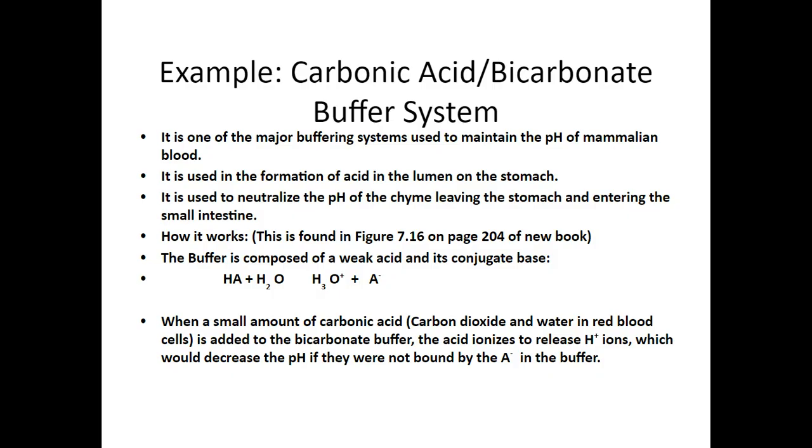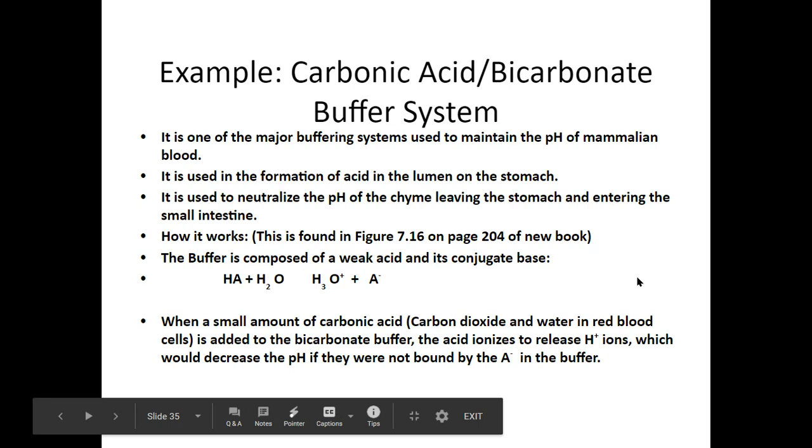So it's maintaining the pH of our blood, basically. This buffer system is so important, of course, for us to live, that it keeps our pH relatively neutral in our blood.